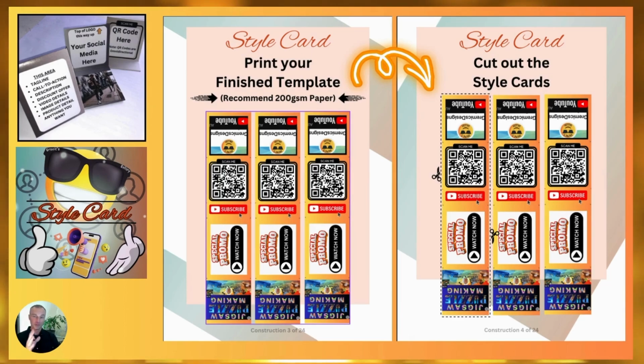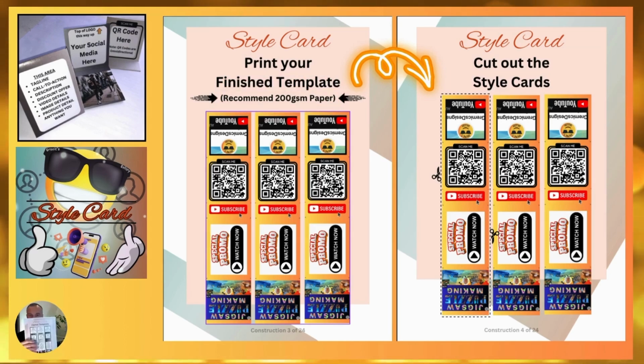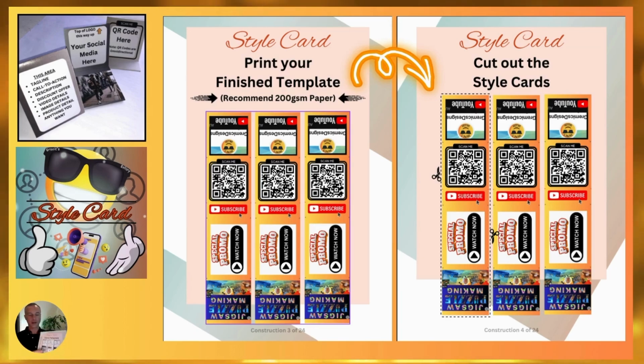Okay, so you've designed your style card, you're happy with the design and you've finalized it. Now you're ready to print it. As you can see on page 3, the recommended weight of paper is 200 GSM, which is what I've been showing the PDF on. It's slightly more weight than a standard A4 sheet.